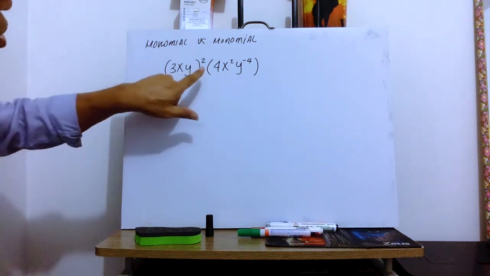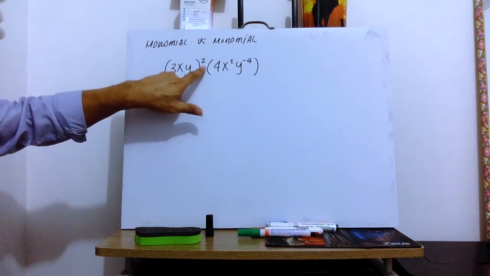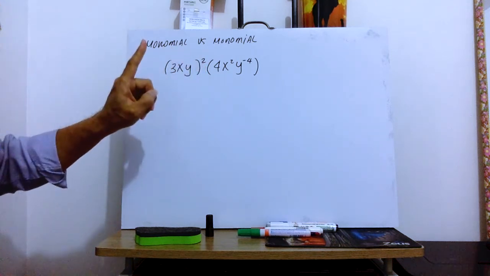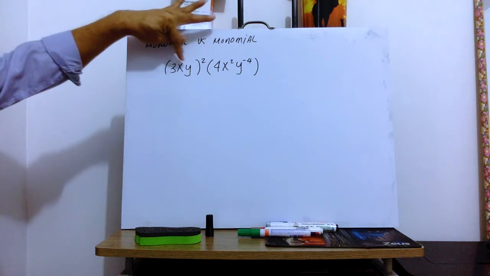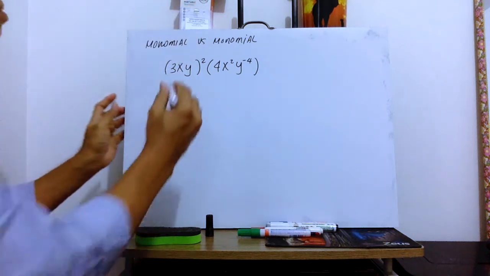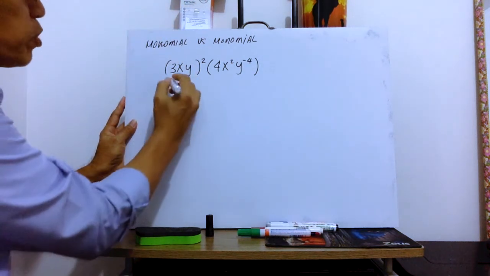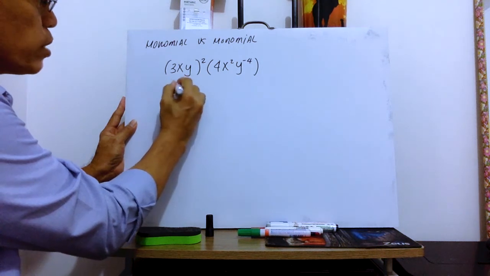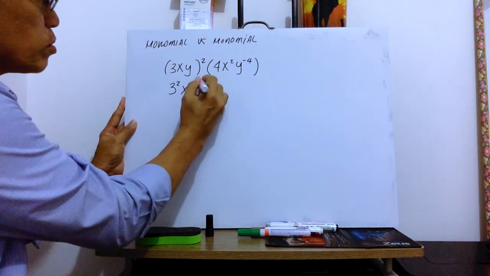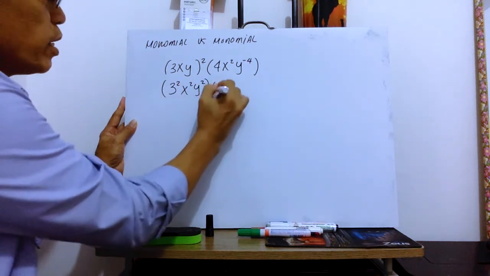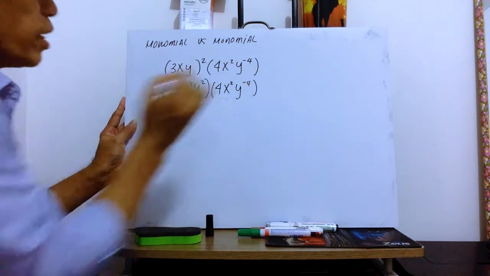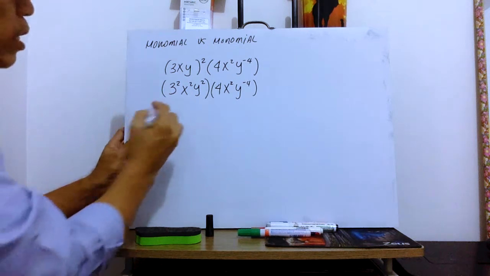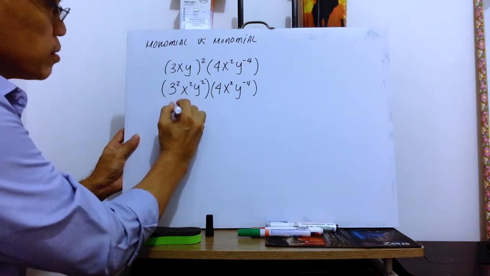You see there's an exponent here, so the first thing we need to do is distribute the exponent to 3, to x, and y. If we distribute the exponent, we can write it as 3 squared, x squared, y squared, and then the other one, just copy it. Then we make this 9.